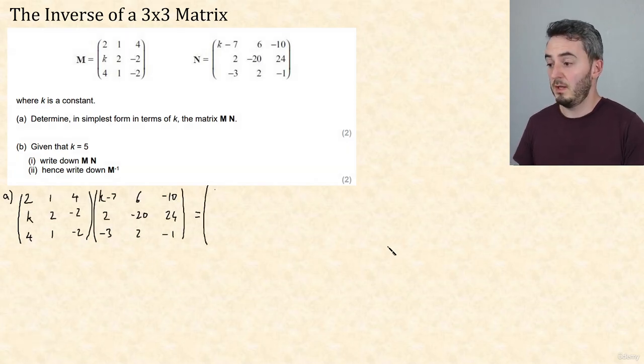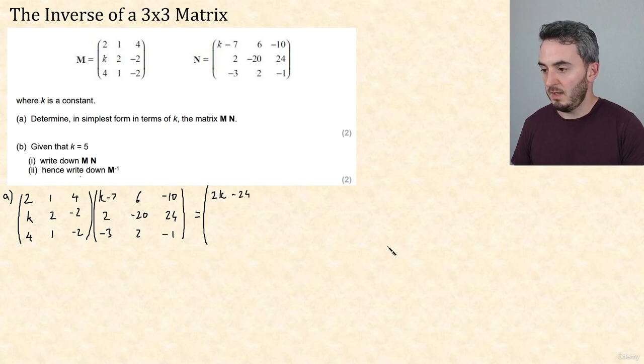So we get 2K, and then it's minus 14 plus 2, so that's minus 12, and minus another 12, so 2k minus 24. Next we get 12 minus 20, so that's minus 8, plus 8, and so that's 0.